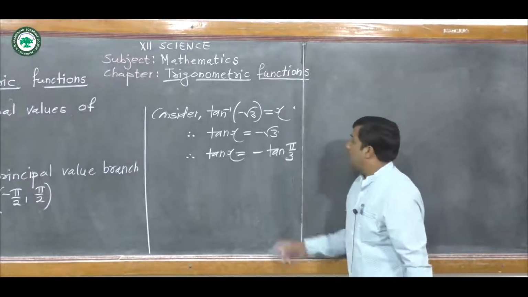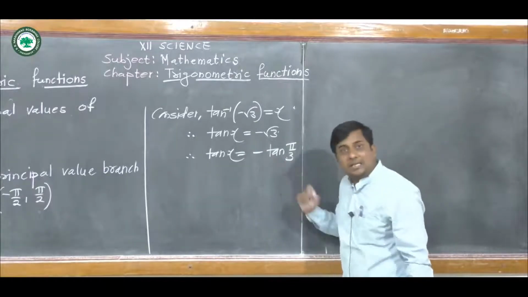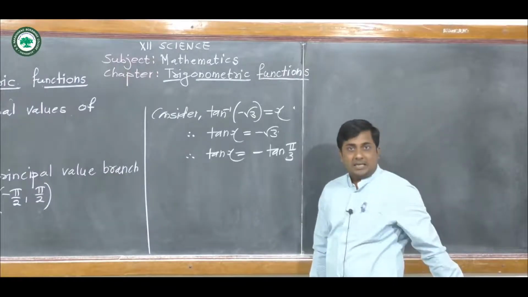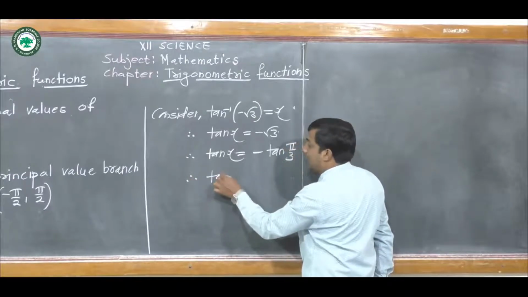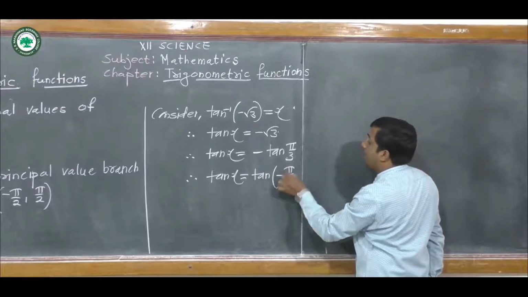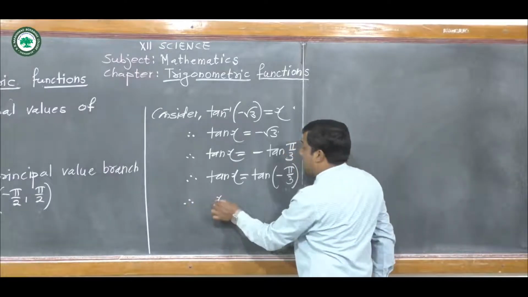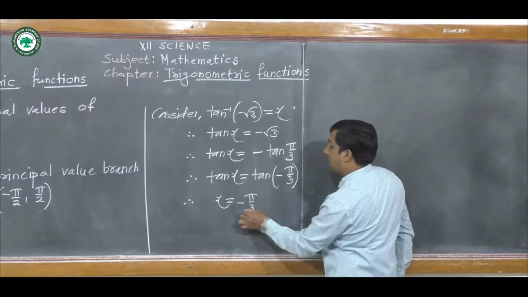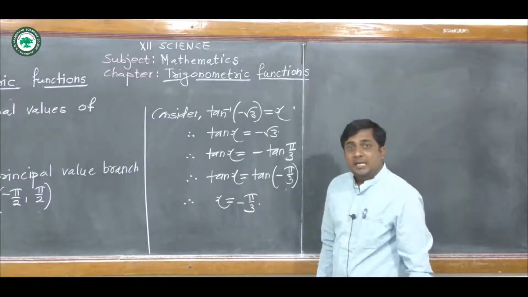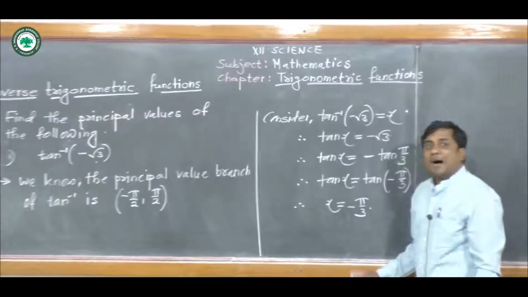Now everyone knows this minus tan pi by 3 is in the form minus tan theta, and we know minus tan theta is tan of minus theta. So I write this as tan x is equal to tan of minus pi by 3. If we compare these two, we get x is equal to minus pi by 3. This minus pi by 3 lies in the open interval minus pi by 2 to pi by 2.